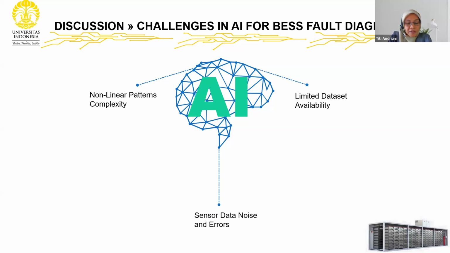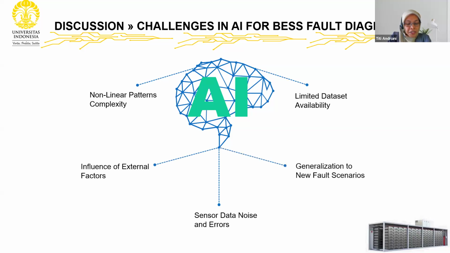Then the influence of external factors such as temperature, battery aging, and workload variations affects AI model accuracy. Sensor data noise and errors can lead to incorrect fault prediction. And lastly, generalization issues, where AI models trained on specific datasets may fail to recognize new fault scenarios.